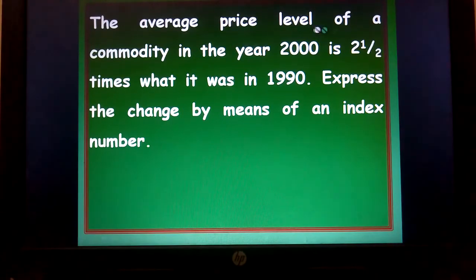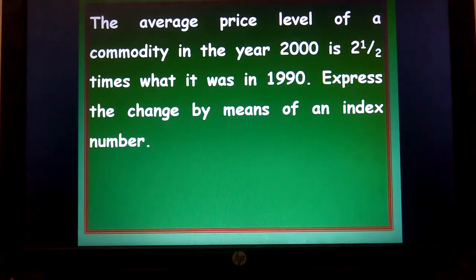The average price level of a commodity, that means price index number. In the current year 2000, it is 2.5 times what it was in 1990. 1990 is the base year, 2000 is the current year.